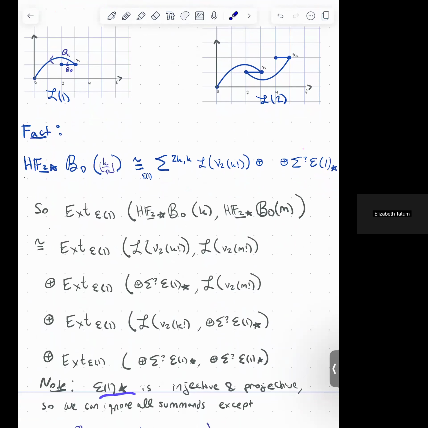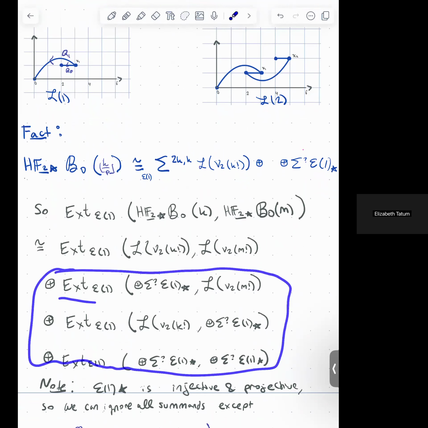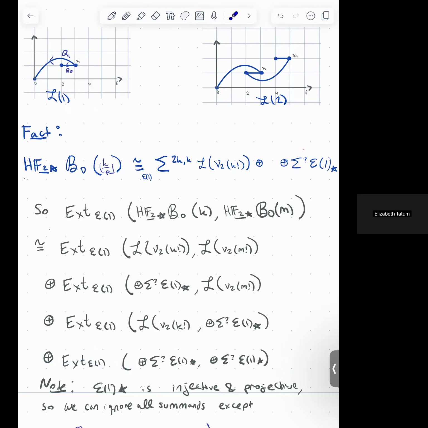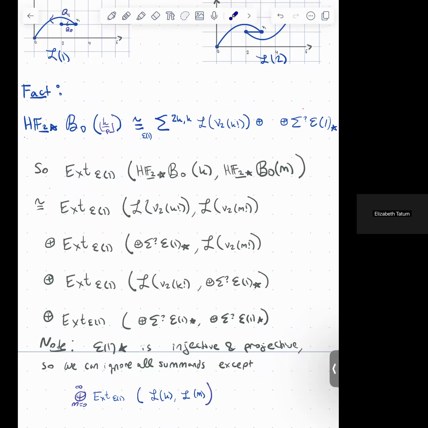We can show that E(1) star is injective and projective. What that means is that all of these Ext terms are going to be concentrated in Adams filtration 0, and it's not going to be possible for any differentials off of there to hit this lightning flash term. So these summands are just going to collapse immediately in the spectral sequence, and we can completely ignore those. All we're really left to compute is Ext over E(1) of these lightning flashes.